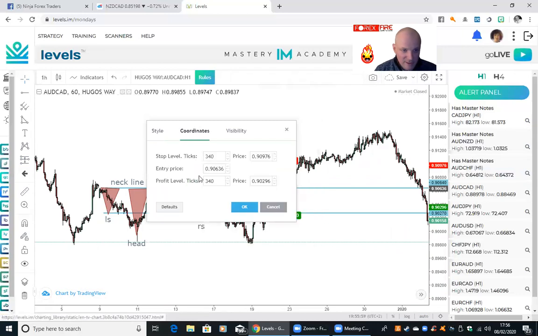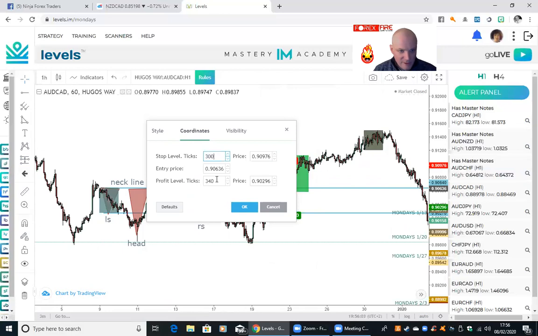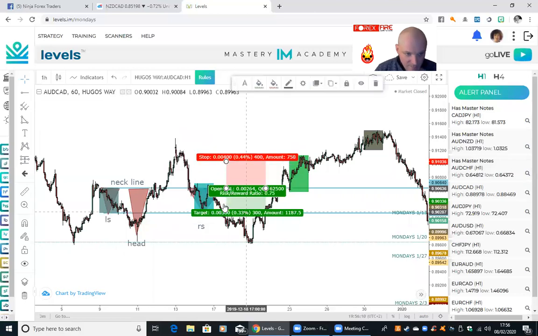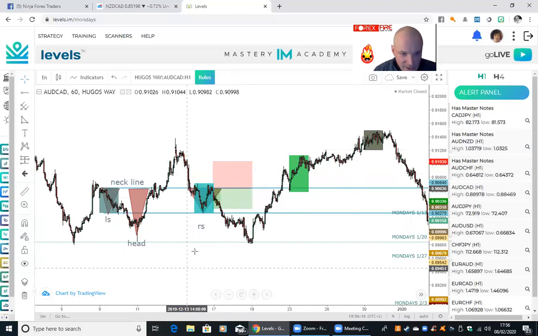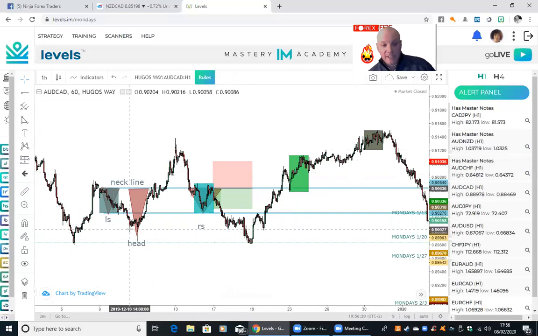Again, we said roundabout 300, and look, 300 stop levels around about 400, and that would have been at around about that area. Okay, so again, guys, look at that. We've hit the profit.